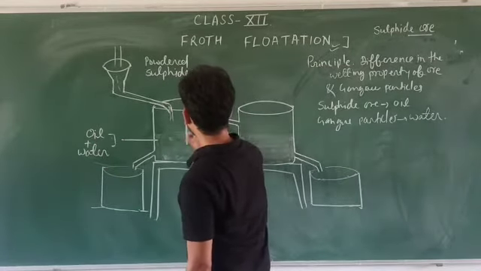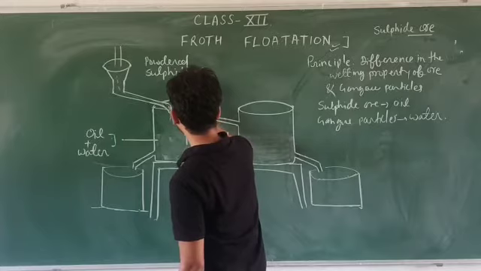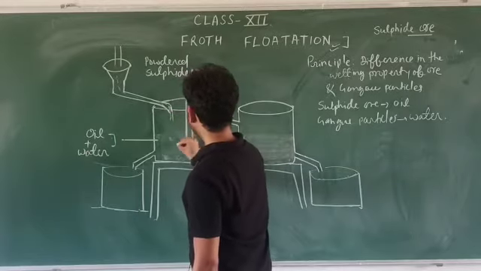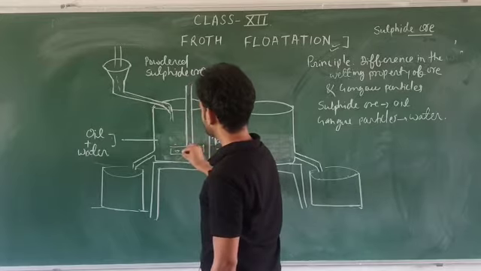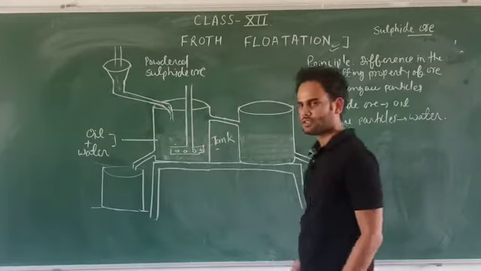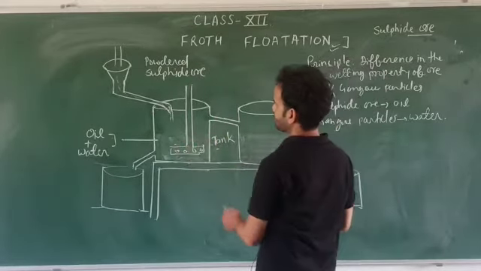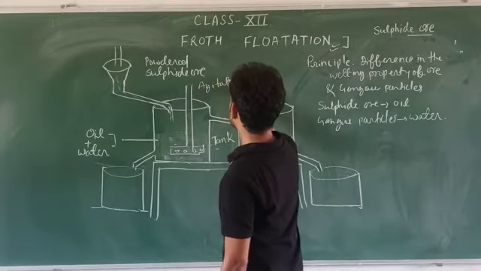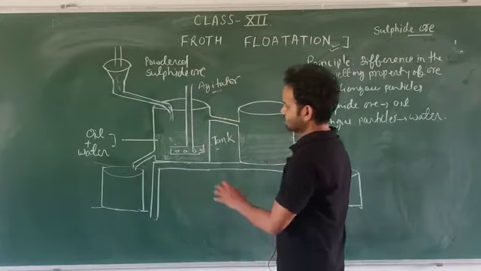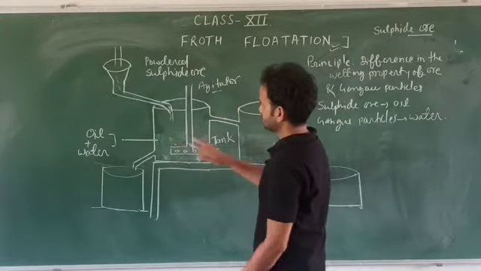After that we take an agitator here. What is an agitator? An agitator is nothing but a rotating device. By rotating this agitator, we can blow some compressed air into this mixture.